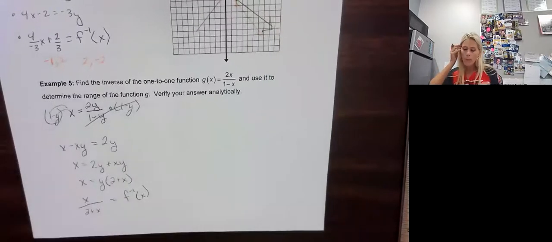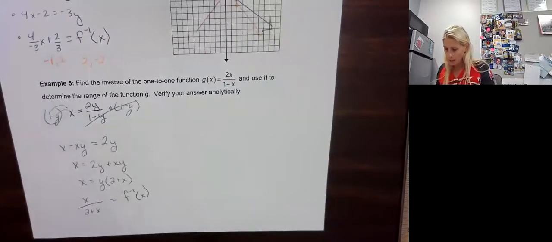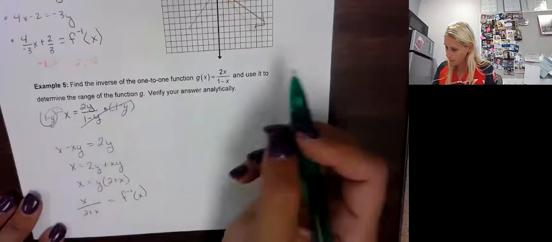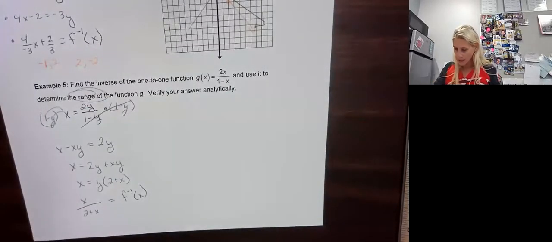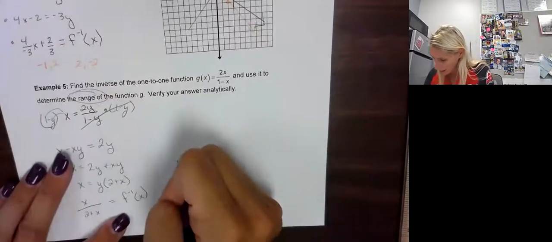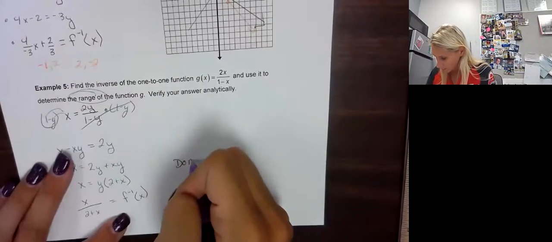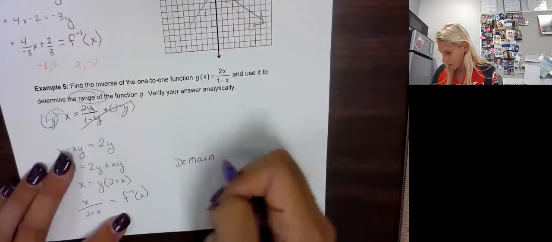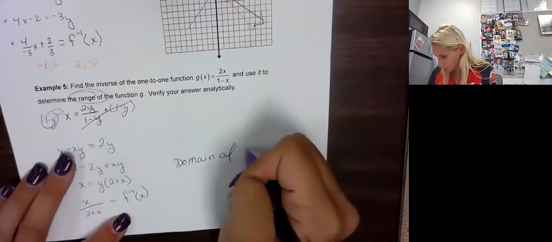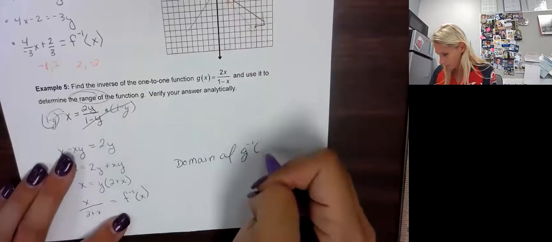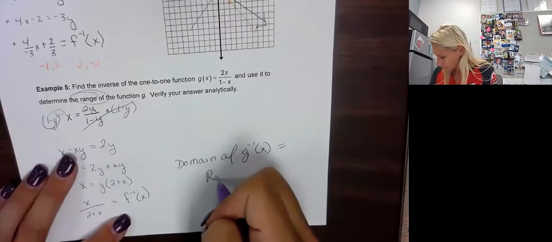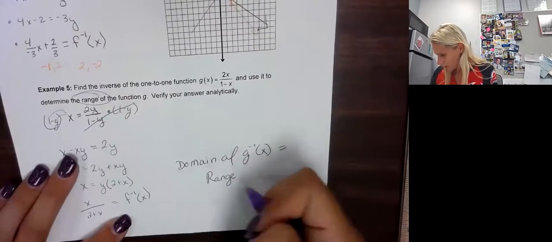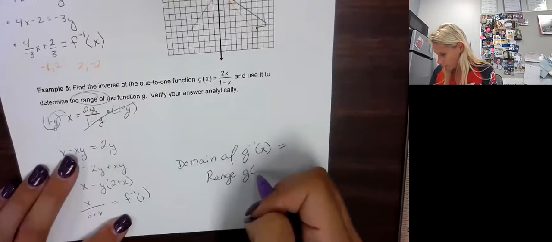Now, remember what we said before, that the domain, so this is G, right? We're going to use it to determine the range. So the idea is the domain of the inverse equals the range of the first function.